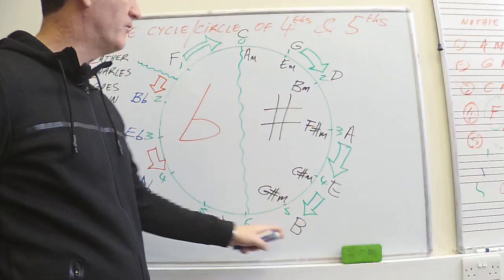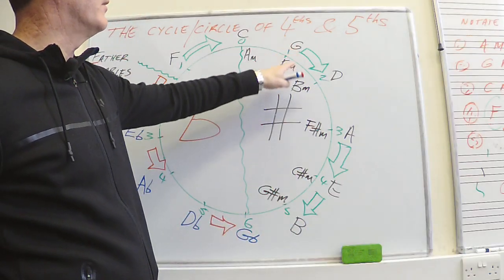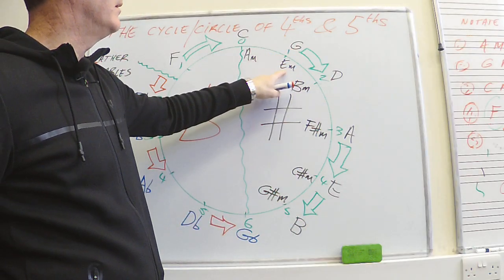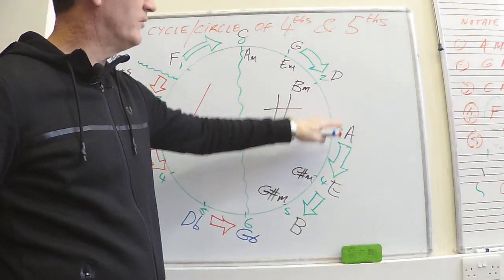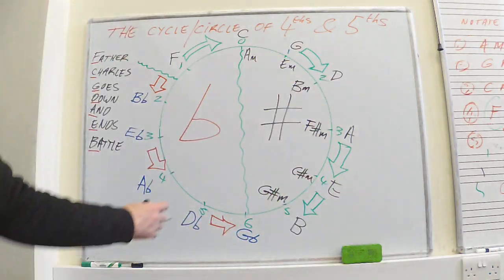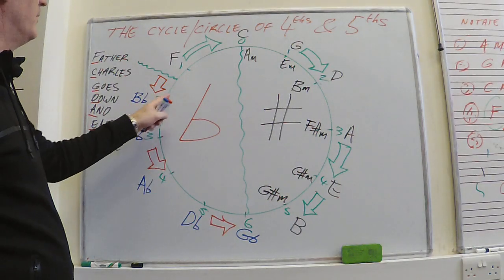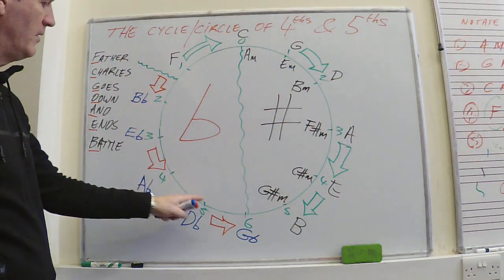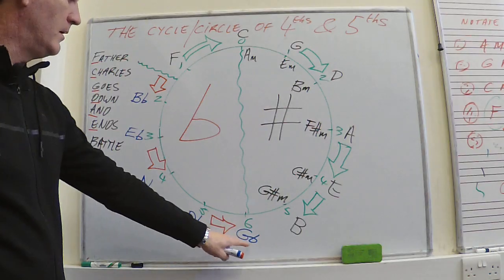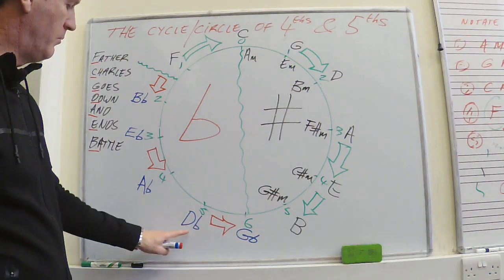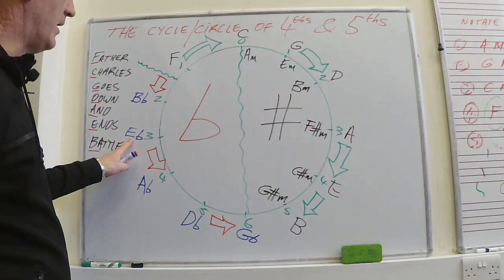We simply move 3 places forward from the major key. For example, G, its relative minor key is E minor, +1, +2, +3. So we do the same thing with the keys on the left hand side. We want to find the relative minor keys of all of these. So we look at G flat. We go +1, +2, +3.